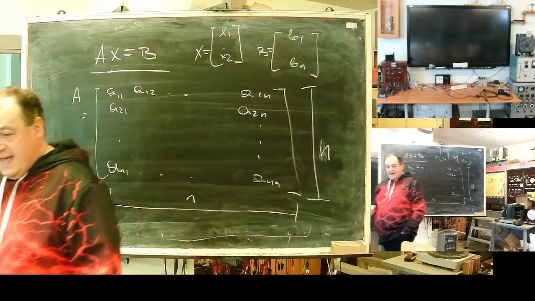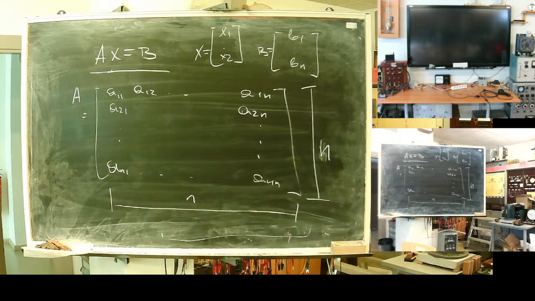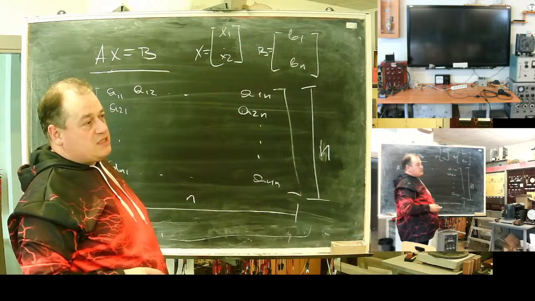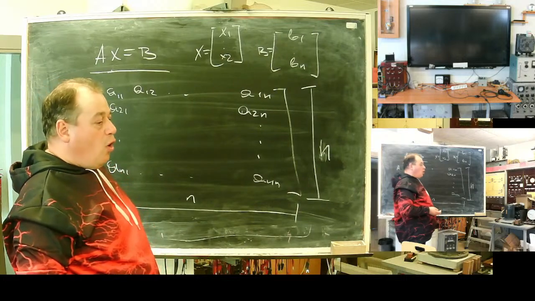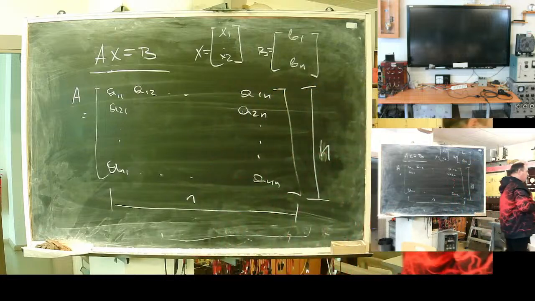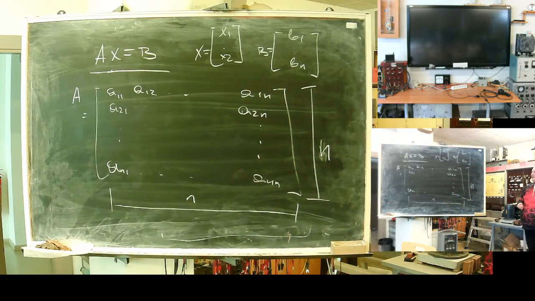In our case, B will be all so-called definitive currents, currents flowing in nodes, or contour EMF. You'll see, don't worry. At this point, there are some abstract numbers. How can I solve such a system?